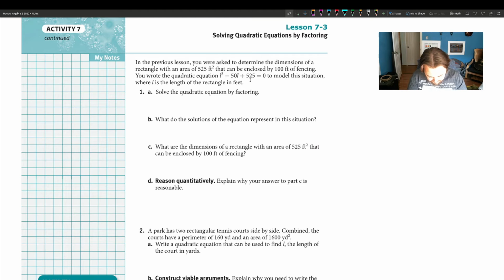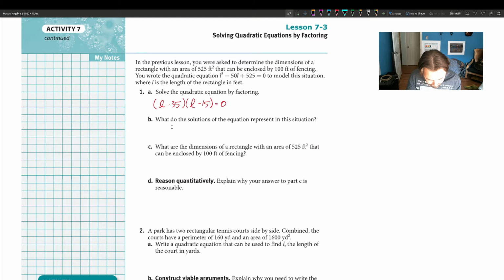And I'm actually going to do this really fast because I don't want this video to drag on forever. So if we factored that, we're going to end up with L minus 35 times L minus 15 equals 0. So if we applied the 0 property, our answers would be the opposite of 35 and the opposite of 15. So 35 and 15.